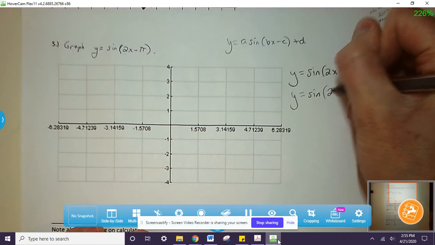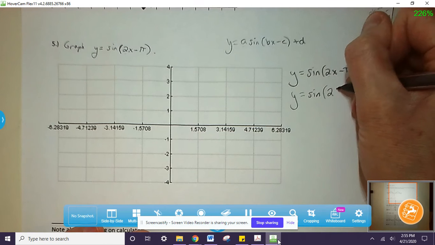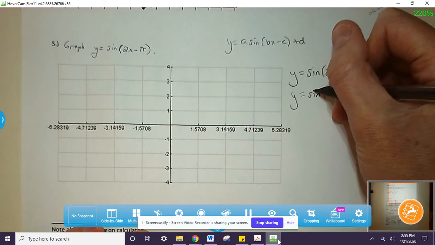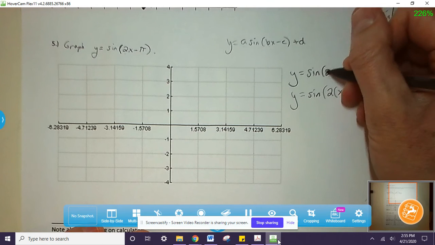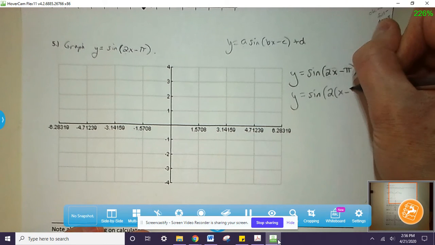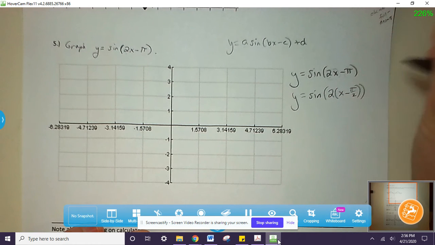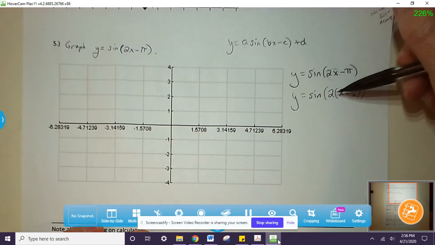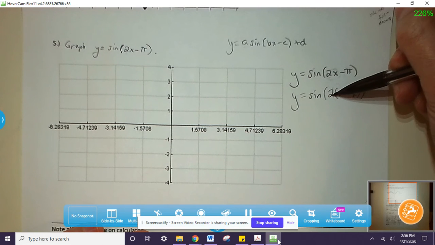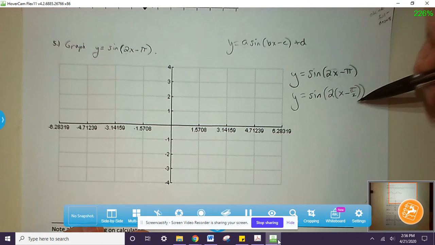So you have to factor whatever number's out front out to the front inside sine still. So I'm going to factor a 2 out of this by dividing by 2. And if I divide this by 2, I get pi over 2. So if you were to multiply this back in, you'd have 2x minus pi. So all I did was factor out a 2 inside the sine function here.